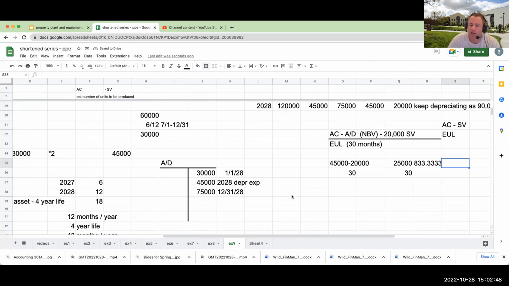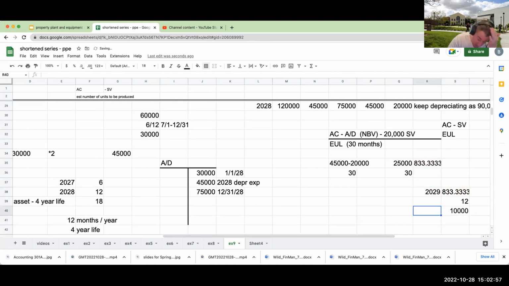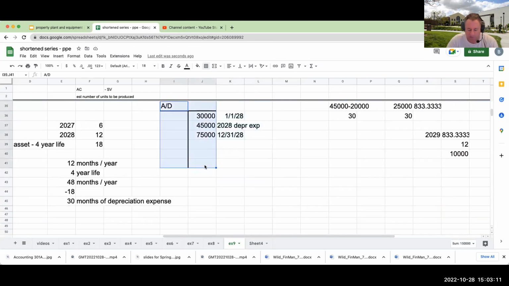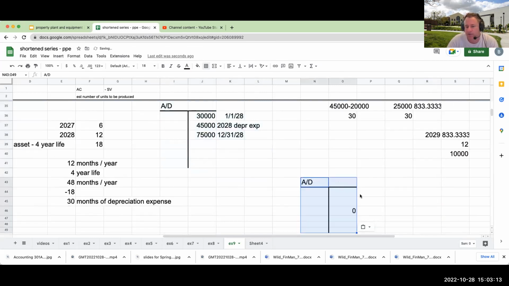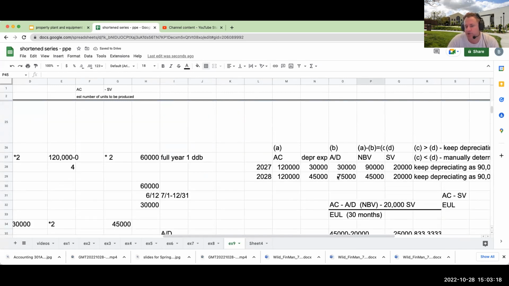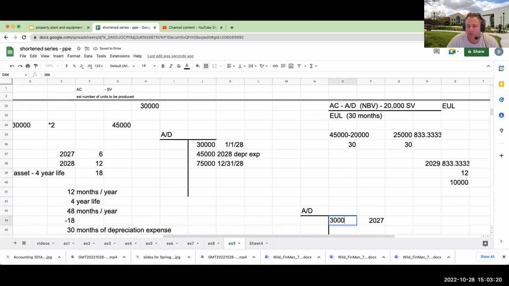In 2029, I use this for 12 months. So the amount of depreciation that I would be taking in 2029 would be $10,000. Let's compute out the rest of this. How much accumulated depreciation have I taken to date? In 2027, I took depreciation expense of 30,000.